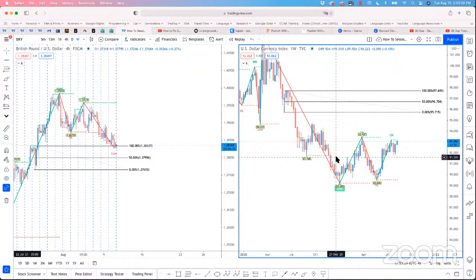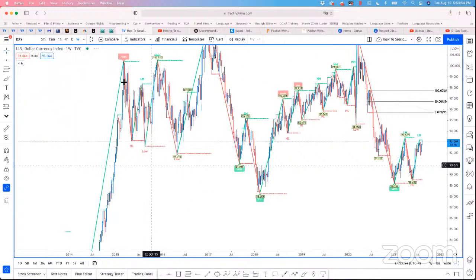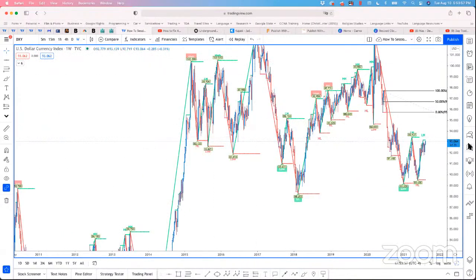So I think the correlation changed a little bit once the pandemic hit, because if you look at both of the charts together and lay them on top of each other, which we'll do right quick, you can see where it was correlating, but then it stopped. Let's zoom out right quick.